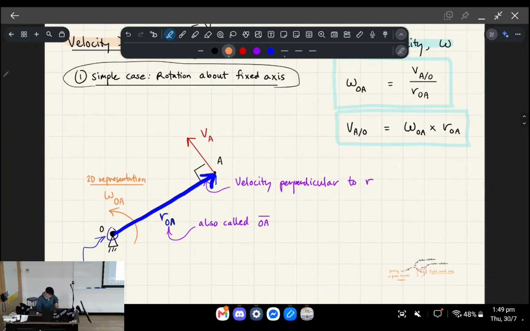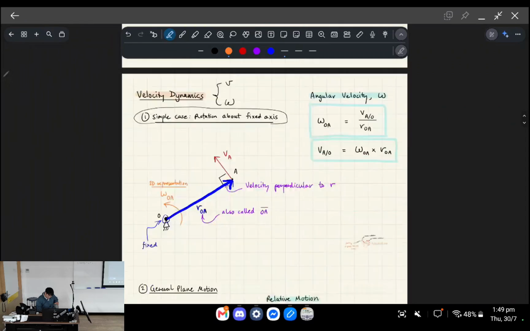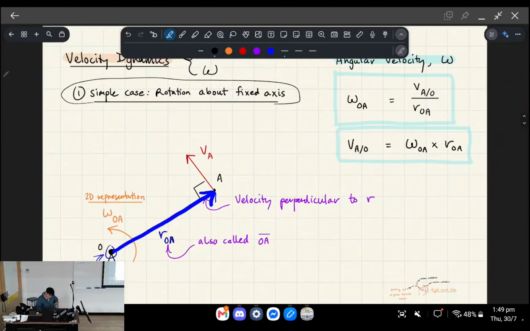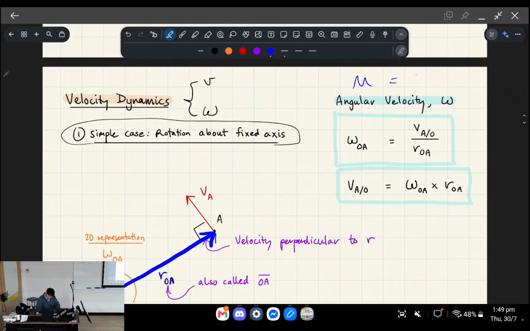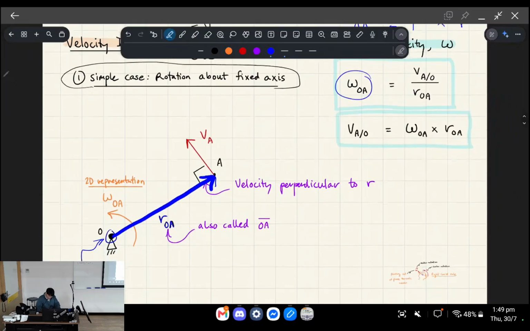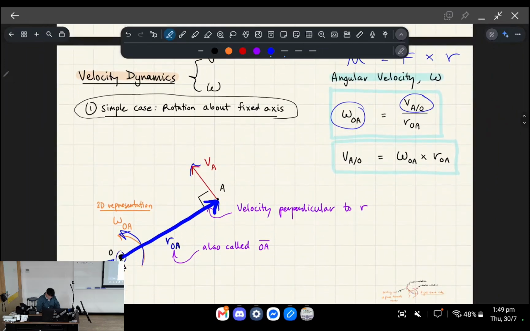Anyway, my point is, this whole moment, force and lever arm relationship is very similar to the relationship for angular velocity, except that for moment we did M, and then you do the cross product between F and R. But for the angular velocity, we do the velocity divided by the lever arm.